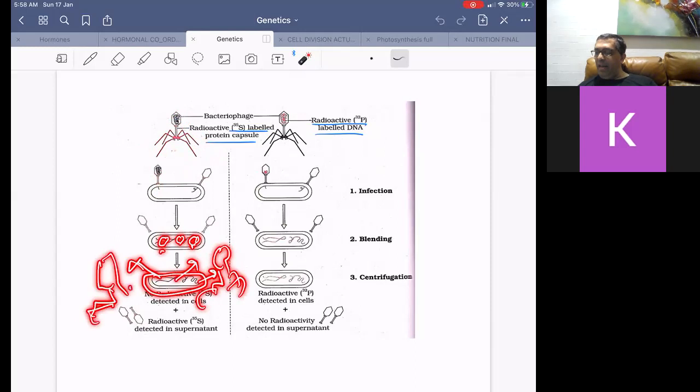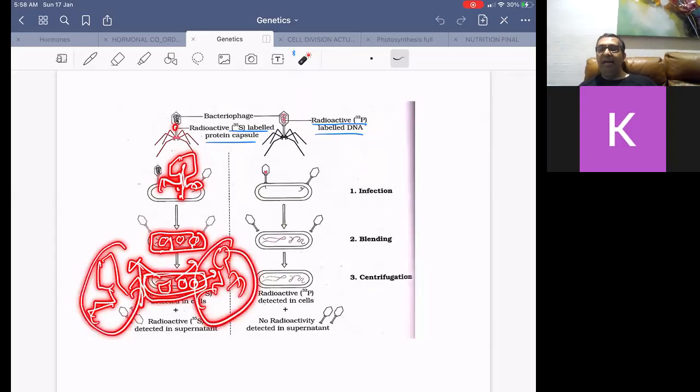So a virus will attack a bacteria, pass its genetic material inside, and the bacteria will use the virus's genetic material and form daughter bacteriophages. The bacteria will rupture and daughter bacteriophages are liberated.